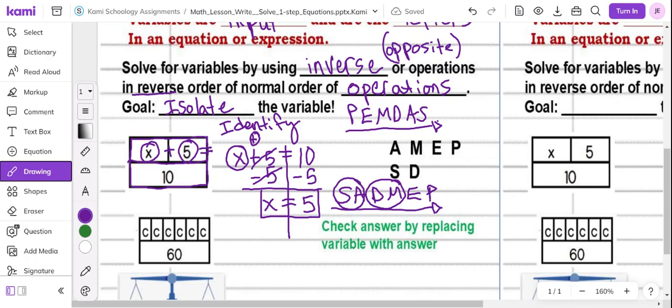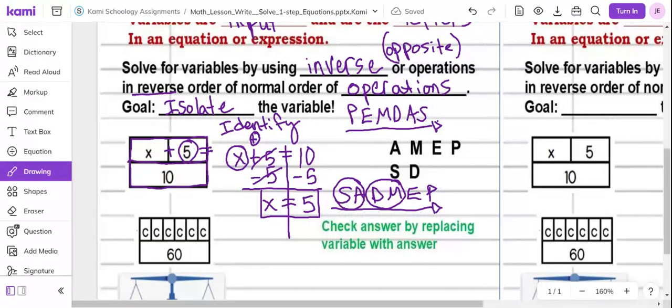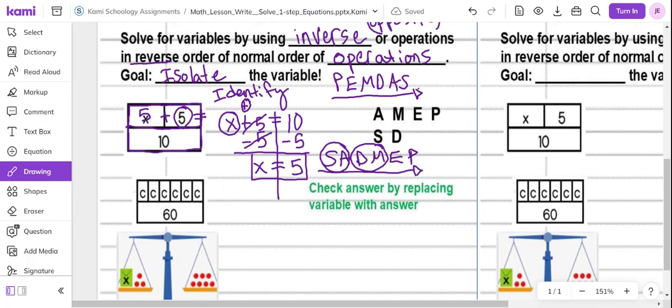And this is a simple one-step equation. That makes sense. So what is the input to this situation that would make it true? What do you add to 5 to give you 10? 5. So 5 plus 5 equals 10. So the variable that makes it true, x equals 5, would check out.